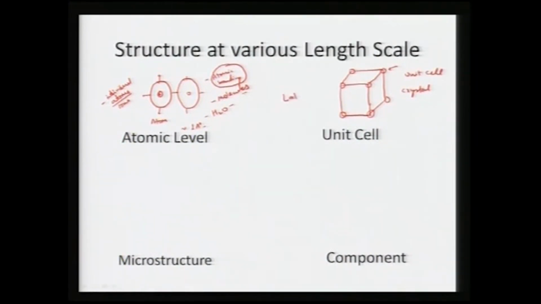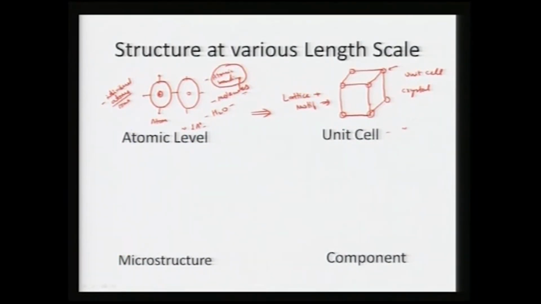So, from a lattice we add a motif, and then what we get is a crystal, and that crystal is defined in terms of a unit cell. So, we have gone from the atomic level, which was a couple of angstroms, to less than a nanometer, a couple of nanometers as well. Then we have come to the unit cell, where we are talking about a couple of angstroms as well, and it can again extend to a couple of tens of angstroms.